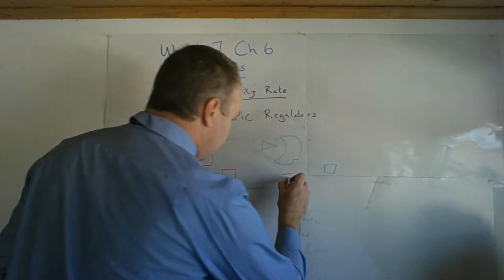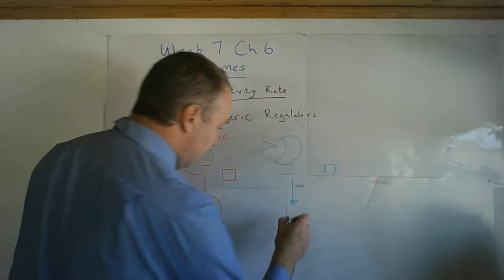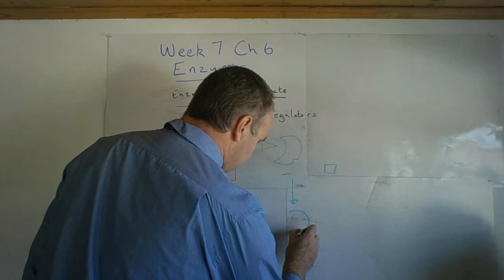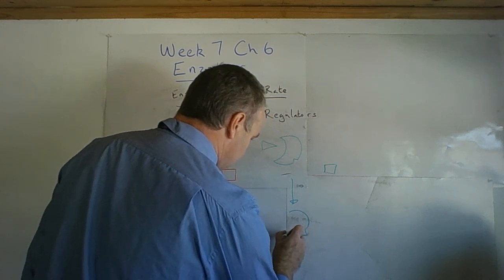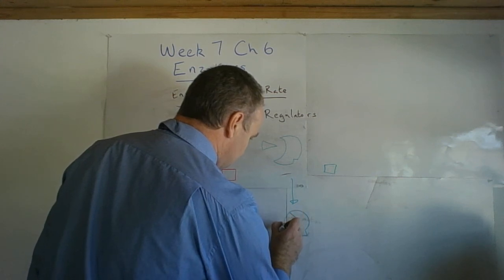So what the activator does is, when it binds to the enzyme, we get a shape change, much like before, but this shape change is favorable for the enzyme, and so the substrate can bind.